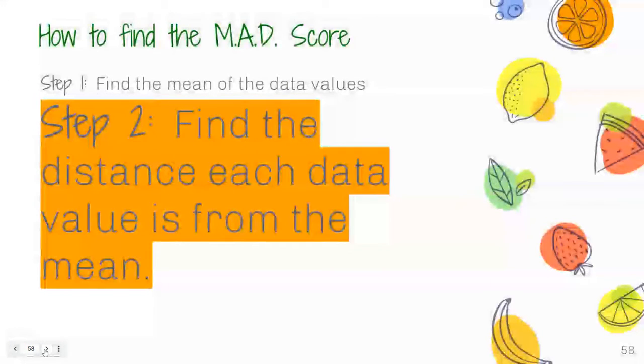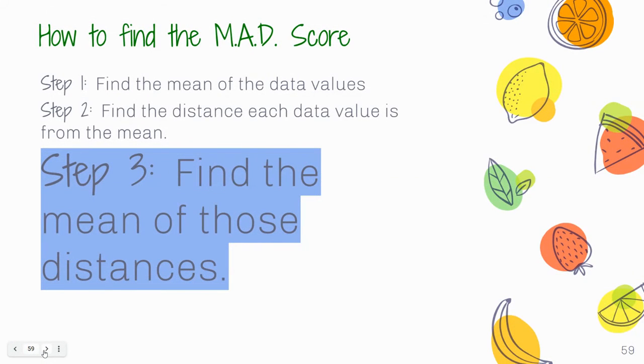Step 2 of finding the mean absolute deviation is to find the distance each data value is from the mean. So now we have a mean for our data set. Then we take that number and look at each data piece and ask, how far away is each data point from that mean we just calculated?